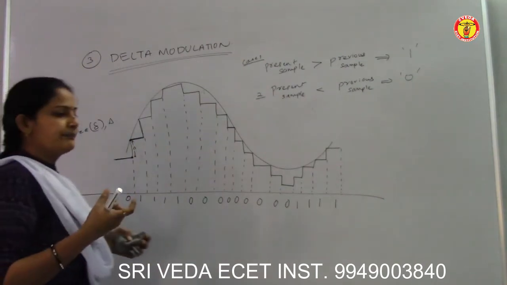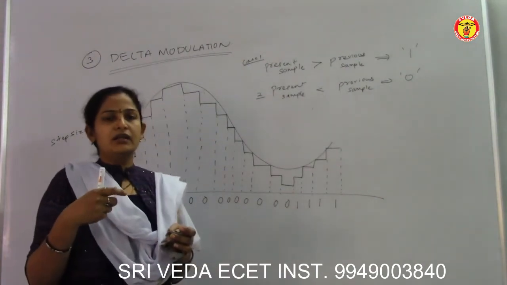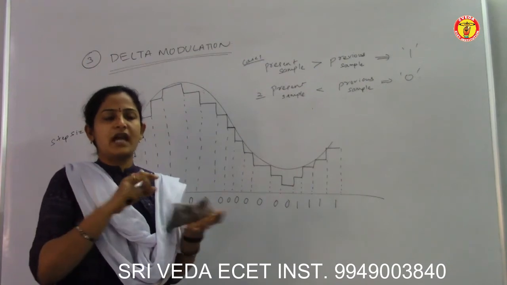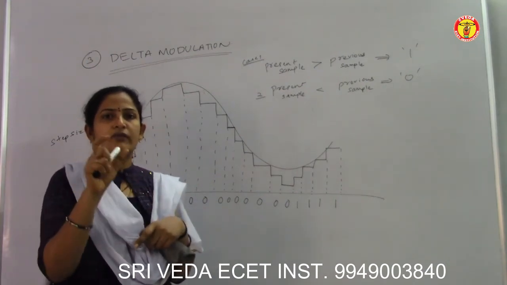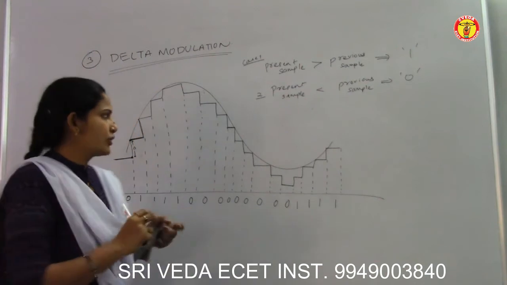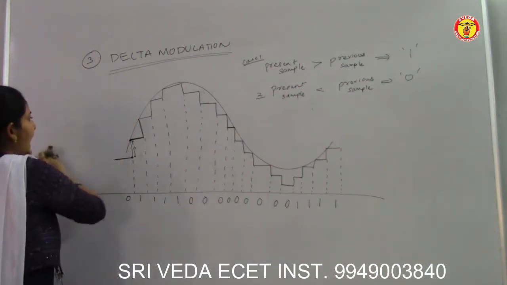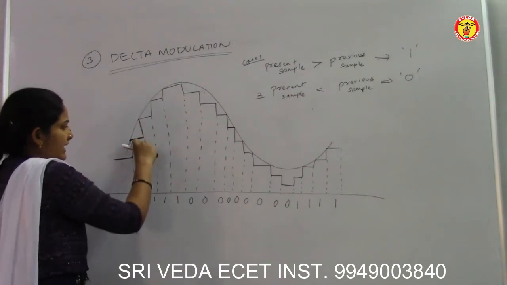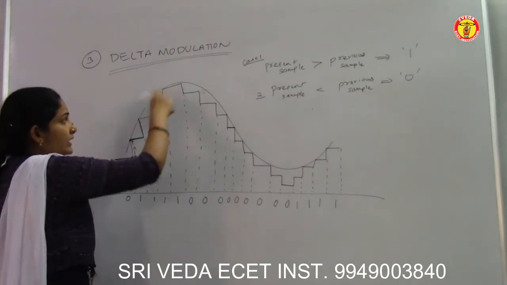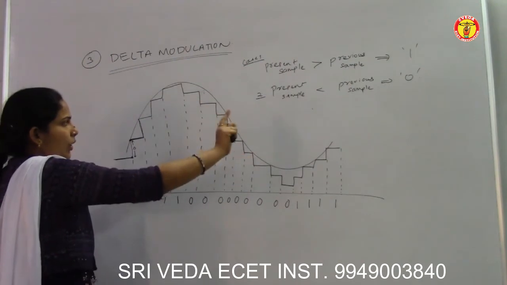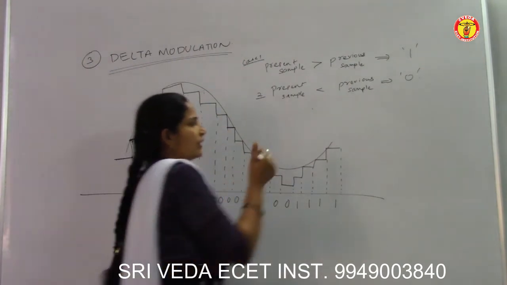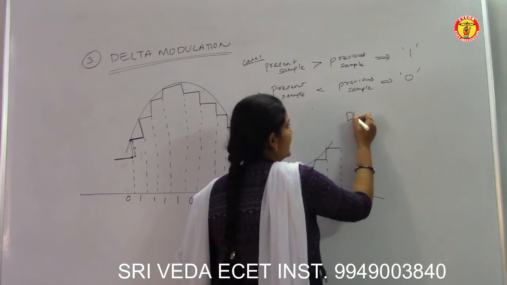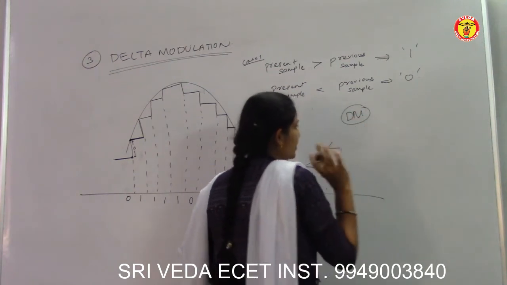Now we will learn the block diagram of generating DM, delta modulation. Here we have seen that in delta modulation the step size is the same, even though the signal is increasing a lot, the step size is constant. About delta modulation, you have to remember two points.